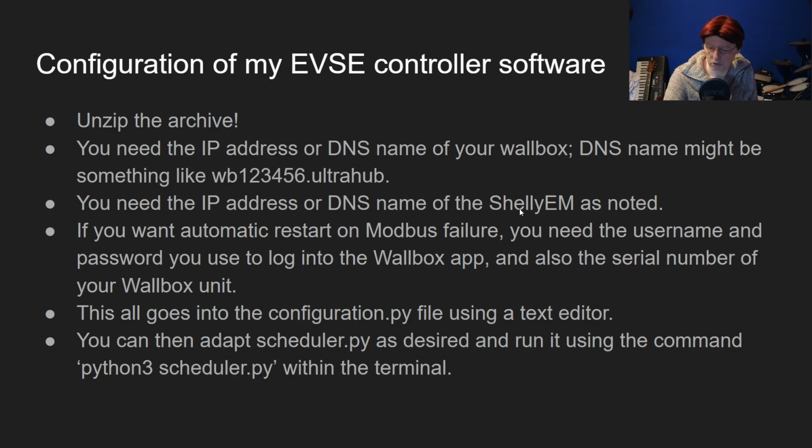And if you want to have the system restart the Wallbox if Modbus fails, then you'll need the username and password you used to log into the Wallbox app, which is the app you would use on your Android phone or iPhone. And you also need the serial number of the Wallbox unit, and you put all of that information in the configuration.py file.